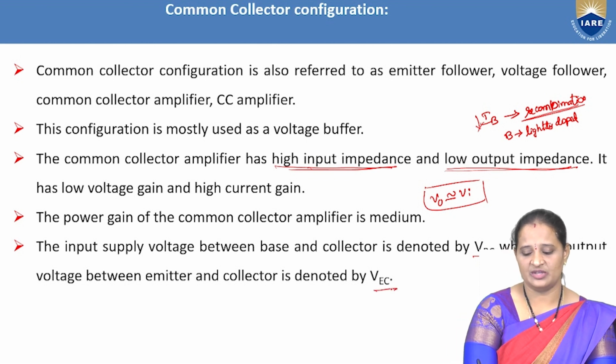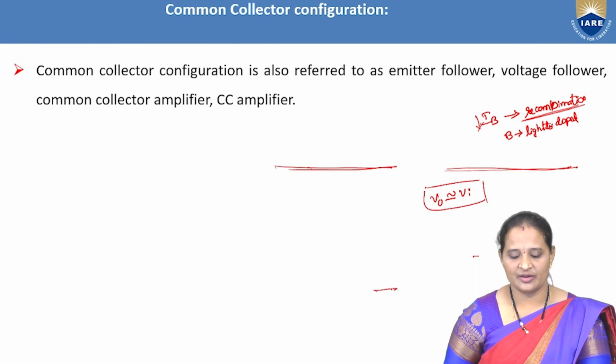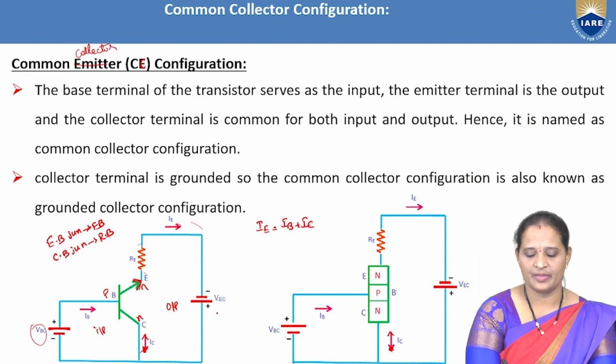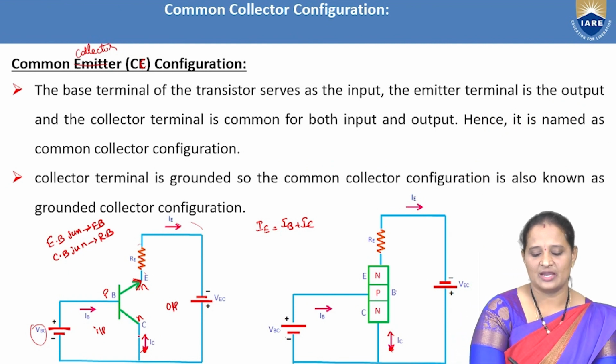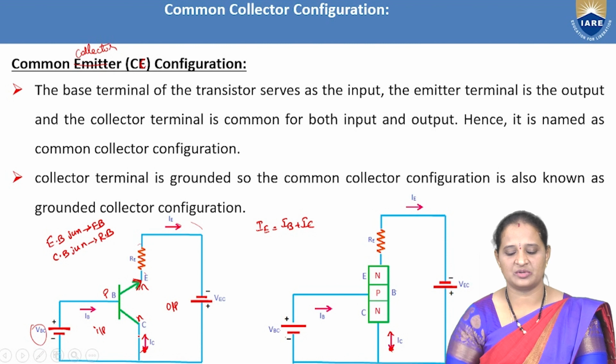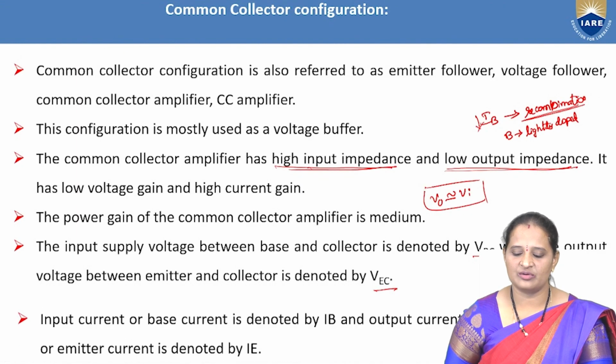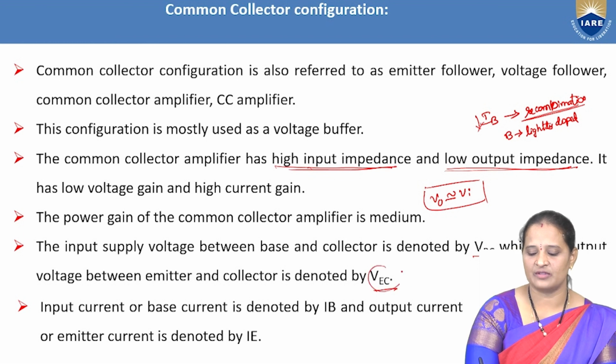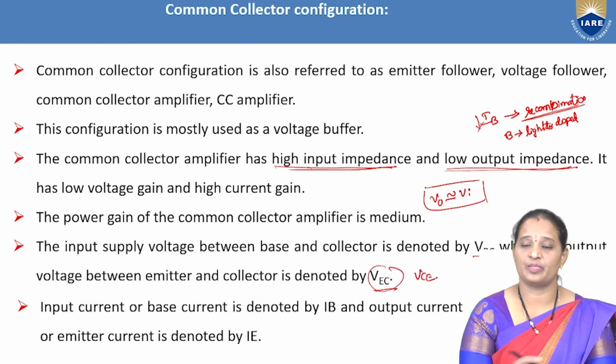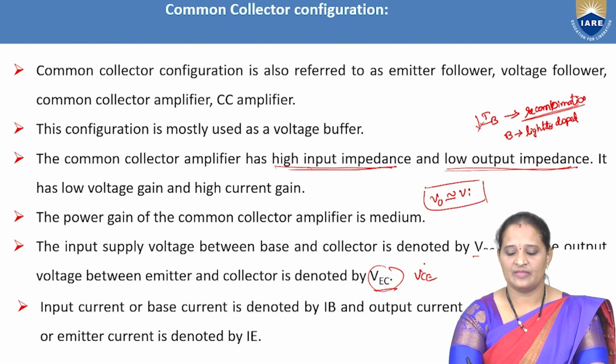So this is VEC. Why? Because here, if you see the circuit diagram, the collector terminal is at more positive potential and the emitter is at more negative potential. So instead of this, we can also have this as VCE, because the collector terminal is at more positive potential.